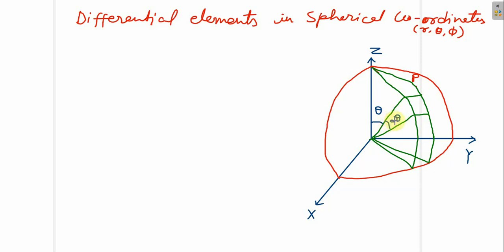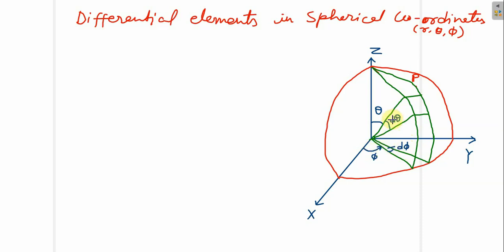Now if it is projected on the xy plane, let's say this angle is your phi angle, as we always represent it with phi. So the small increment is this d phi.